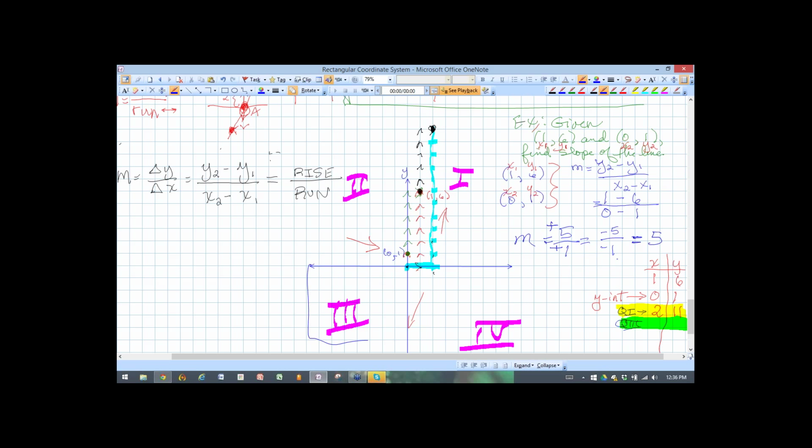It's supposed to be positive 5 for our slope. So a negative over a negative works, because 2 negatives will give me that positive 5. I'm only doing this in order to use slope to get to another point. And it's a very handy little trick to use when you're trying to stay in a certain area for a graph, when you're drawing the graph.